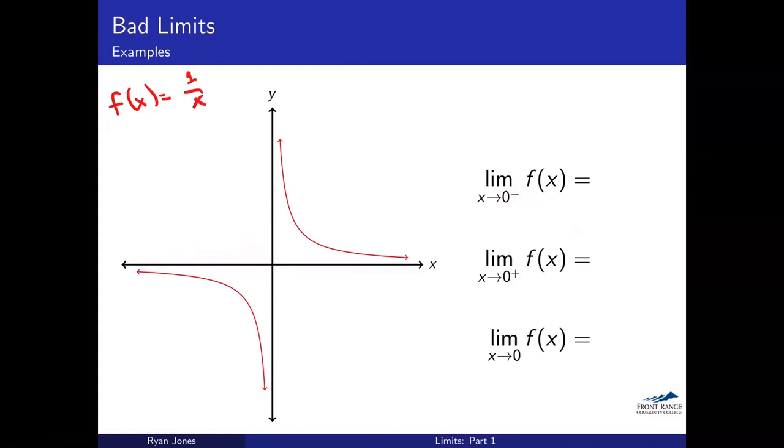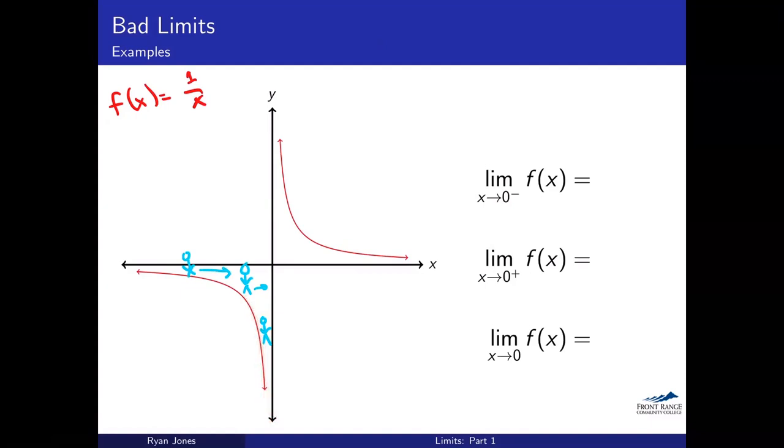And as I approach this, if I'm standing over here, just having a good old time, as I walk closer and closer to 0, my y value approaches negative infinity. It just goes down and down and down. It just keeps going on basically forever as I approach 0 from the left.